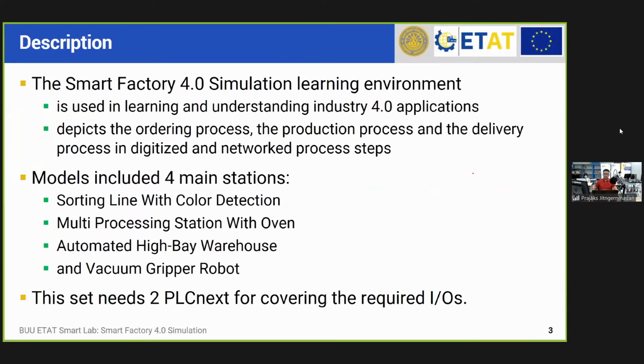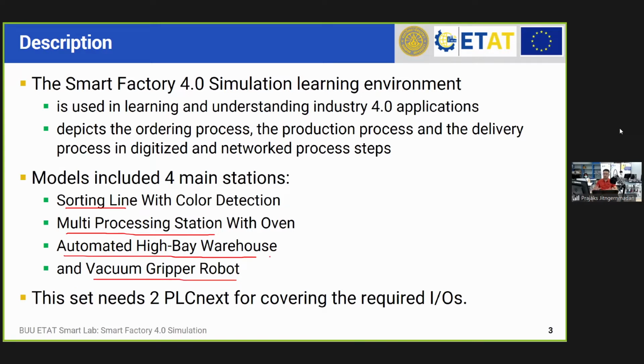This Smart Factory 4.0 simulation is a learning environment equipped with a sorting line with color detection, a multi-purpose station with oven, a simulation station with an automated high bay warehouse, and a vacuum gripper robot.